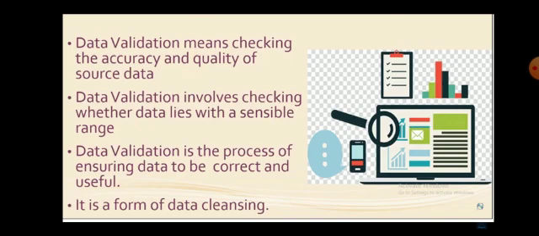Data validation involves checking whether data lies within a sensible range. So let's take the example of a meter reading filled in by a meter reader of your electricity bill or your Northern Gas bill. Suppose Mr. Ibrahim has his electricity meter read and the reading is 0, 2, 3, 9, 7.